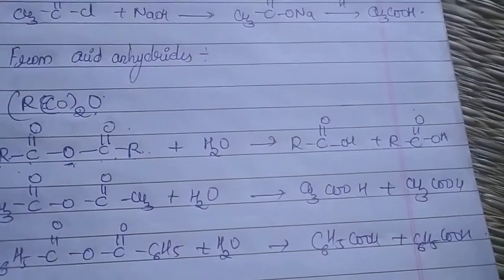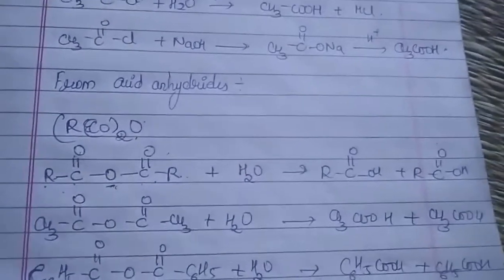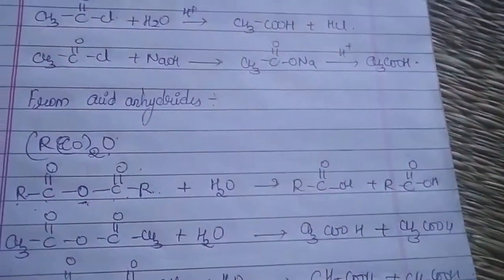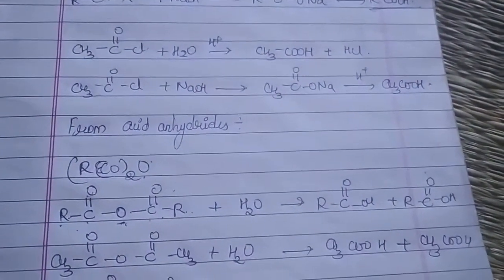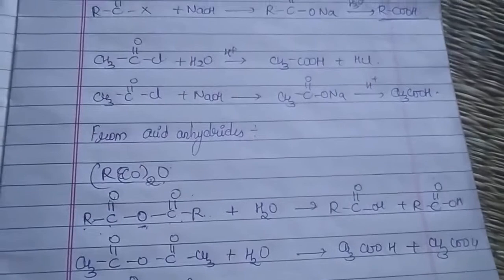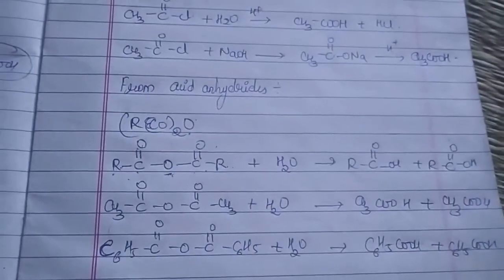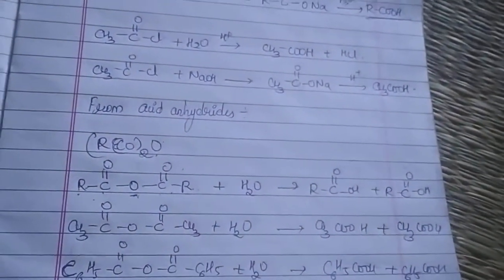Is that clear? So these were certain important methods and we came to know how to prepare carboxylic acids from primary alcohol, from esters, from Grignard reagent, from alkyl benzenes, even from cyanoalkenes. These are important reactions, because one of the most important things here is that we are able to convert one functional group to another functional group.